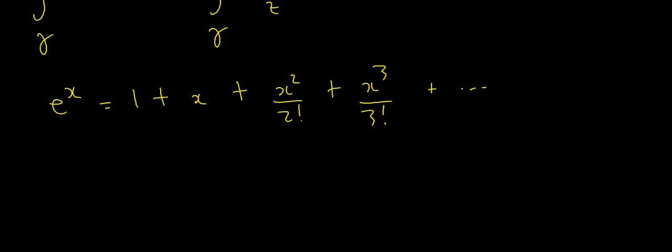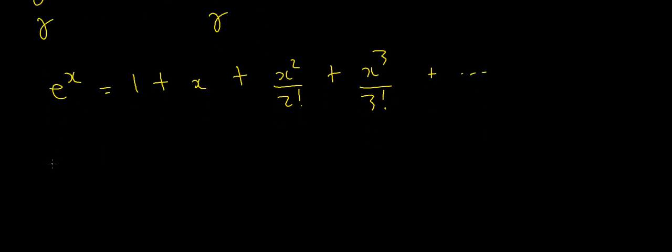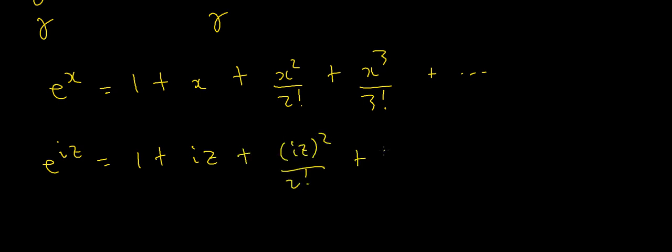And in any complex analysis course, you'll also prove that e to the iz also has a Taylor series just like this. If I just replace every x with iz, it's 1 plus iz plus (iz) squared over 2 factorial plus (iz) cubed over 3 factorial, and so on and so forth.